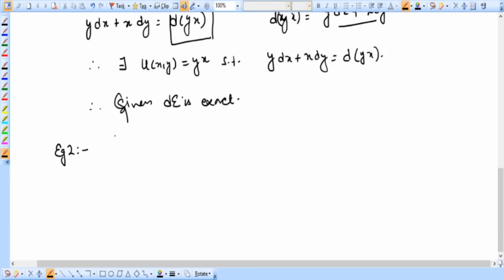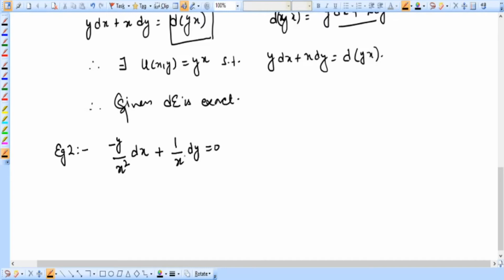Let us take this differential equation: minus y over x square dx plus 1 upon x dy equal to 0.